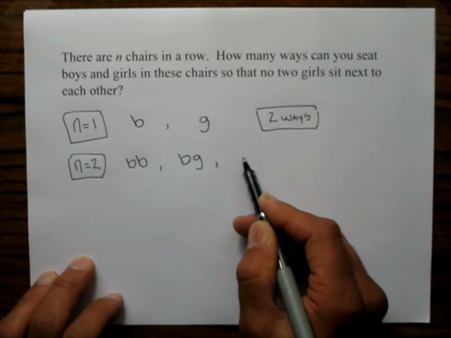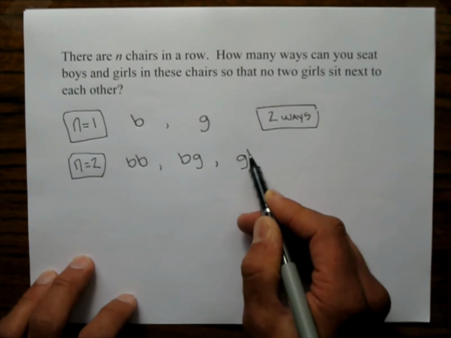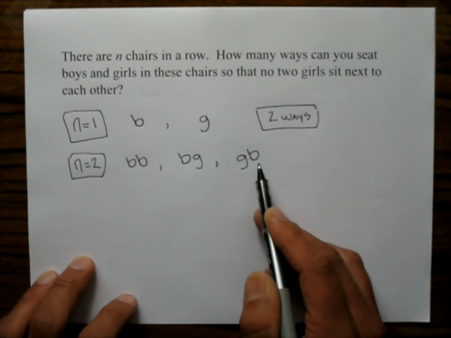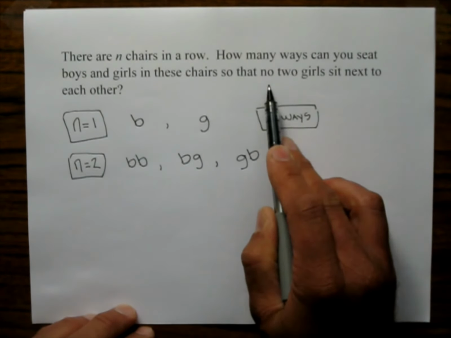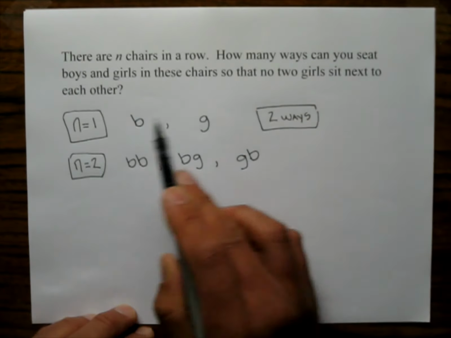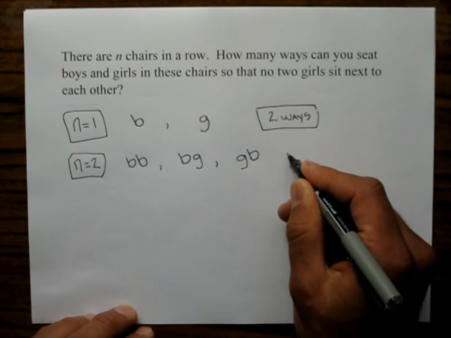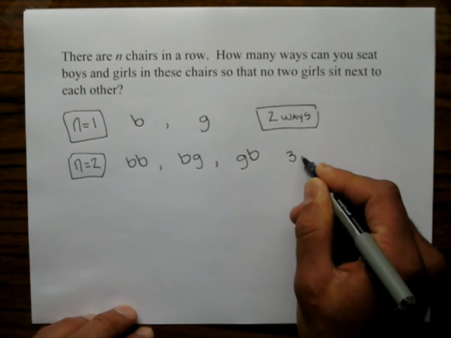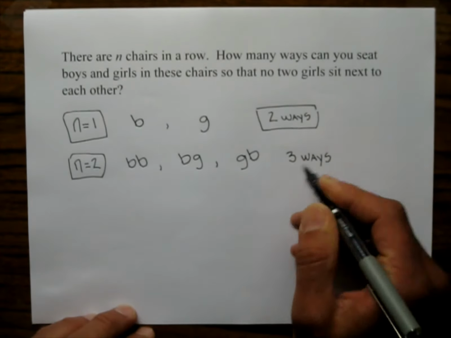You could put a girl there and a boy there. And then normally we would say, oh, then we can go girl, girl. But the stipulation is no two girls sit next to each other. So we can't have girl, girl. There are three ways.